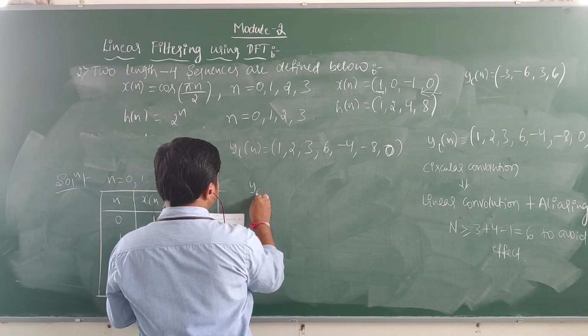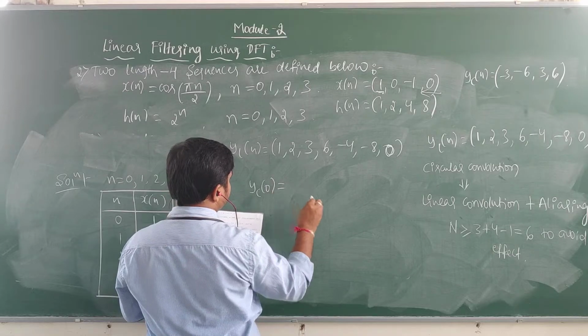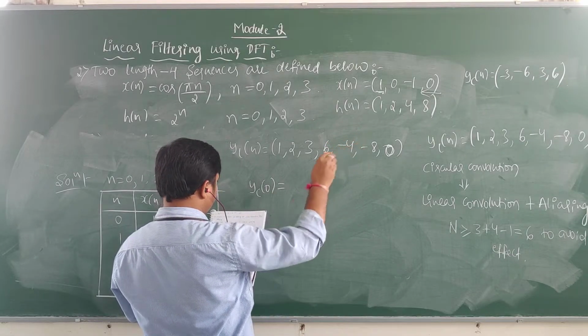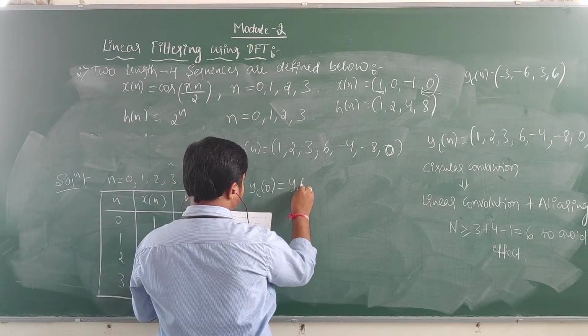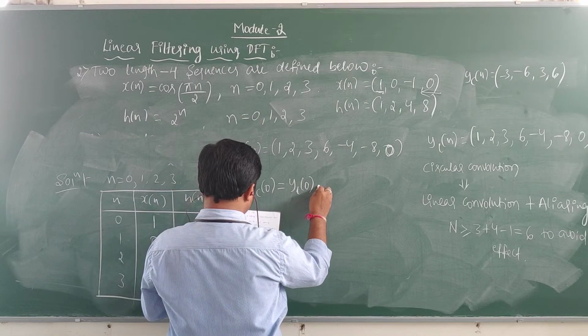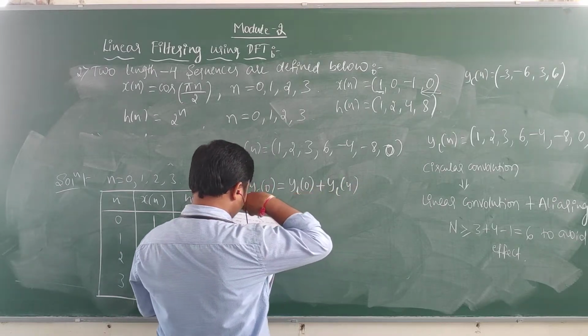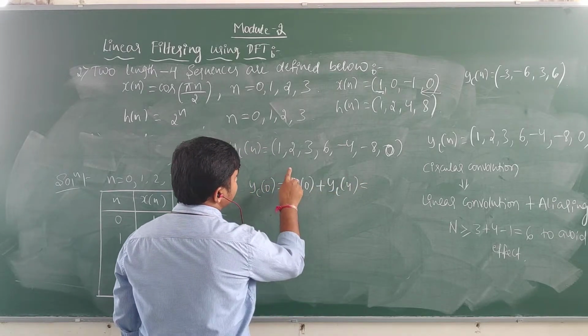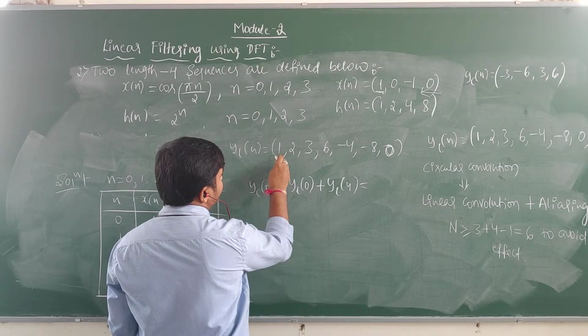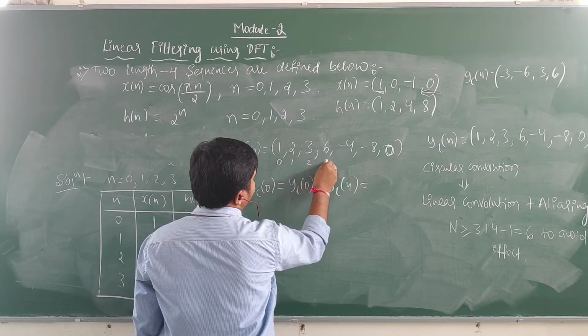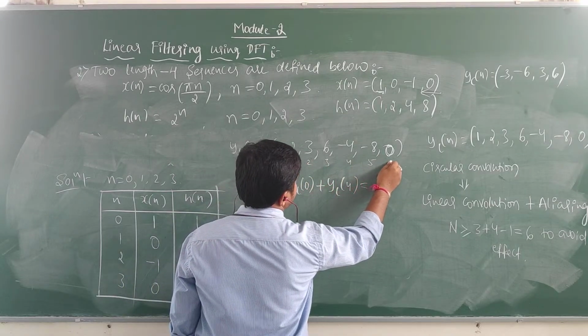So yC of 0 is minus 3. That minus 3 is equal to yL of 0 plus yL of 4. What is yL of 0 here? It is 1. yL of 0 plus yL of 4, indices 0, 1, 2, 3, 4, 5, 6.